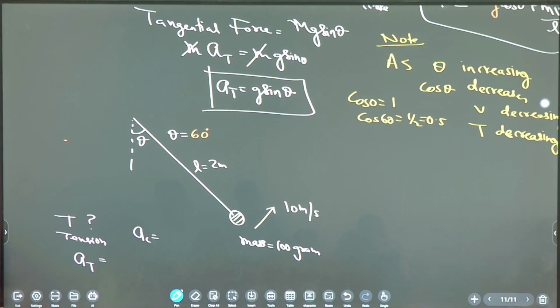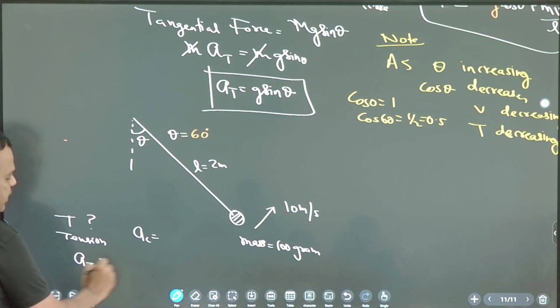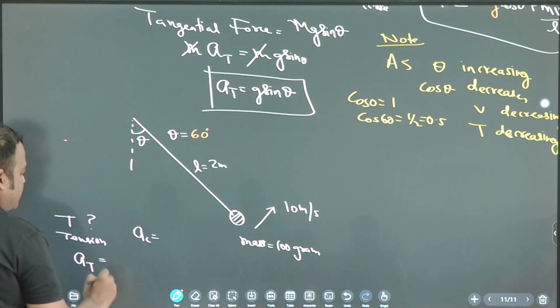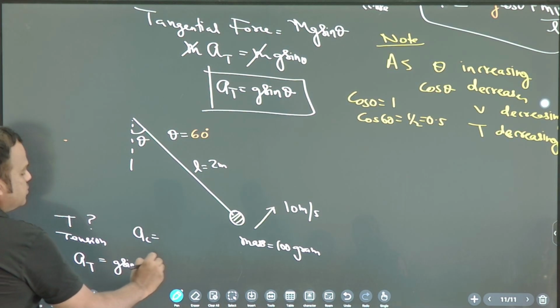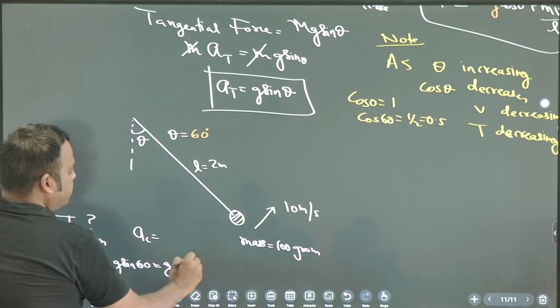Now calculate tension, AT, which is tangential acceleration, and AC, centripetal acceleration. AT is g sin 60, so g into root 3 by 2.